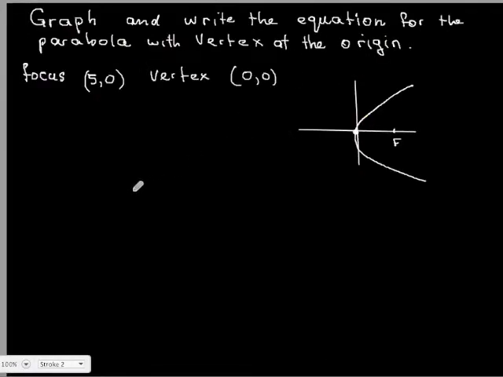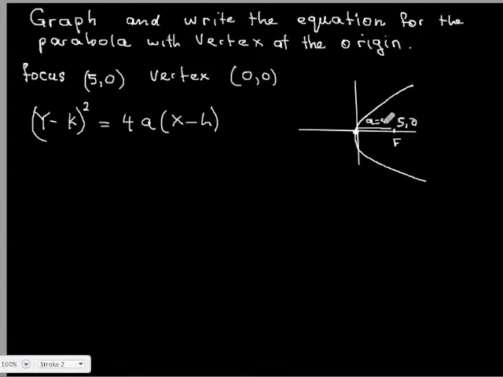And the right-facing equation, I will rewrite it here. It's y minus k squared is equal to 4a times x minus h. So if this point is 5, 0, we know that a is 5.